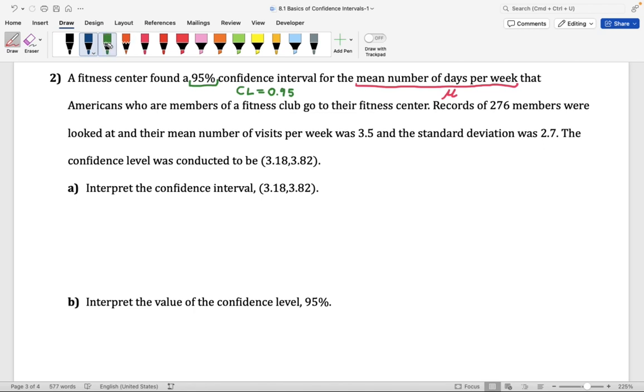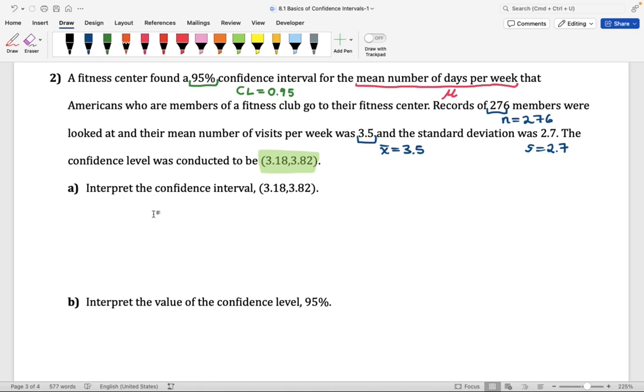So here, they're taking a sample, so n is equal to 276. They found the mean for this sample, x bar, which is 3.5, and they found the standard deviation for this sample, which is s equal to 2.7. Now, they're saying that they calculated this confidence interval. In simple words, the fitness center is claiming that mu, the population mean, is between 3.18 and 3.82.